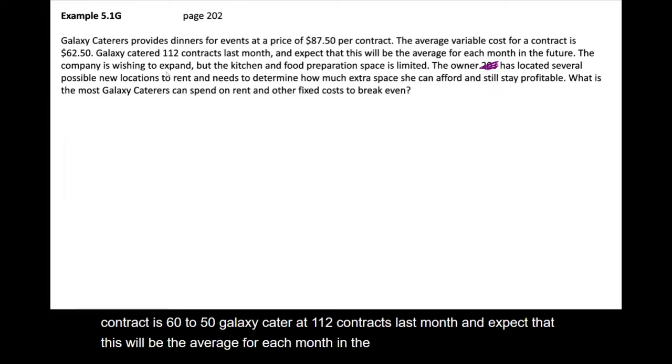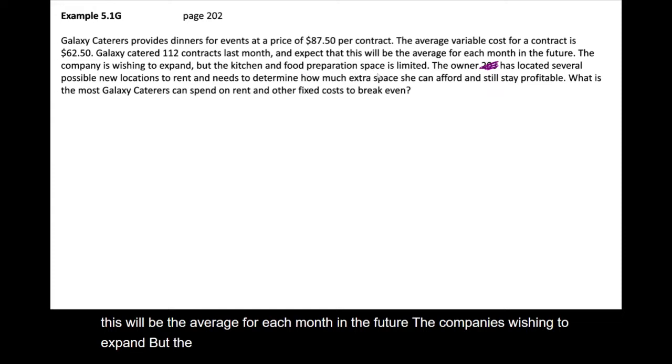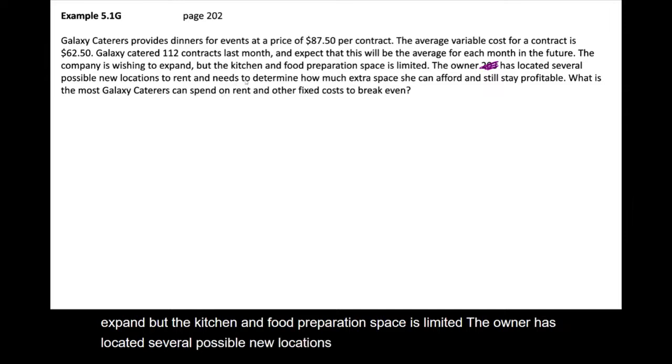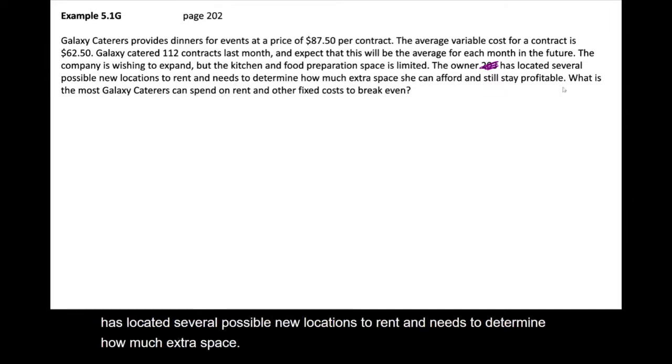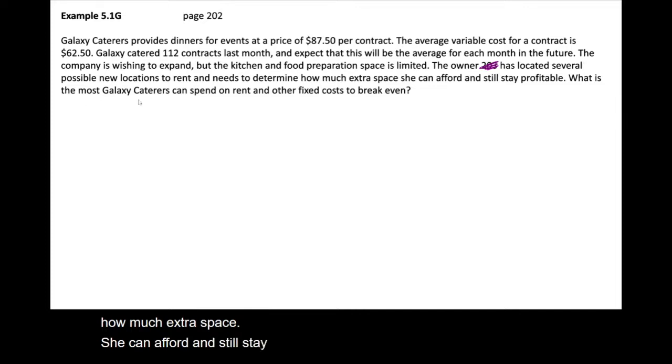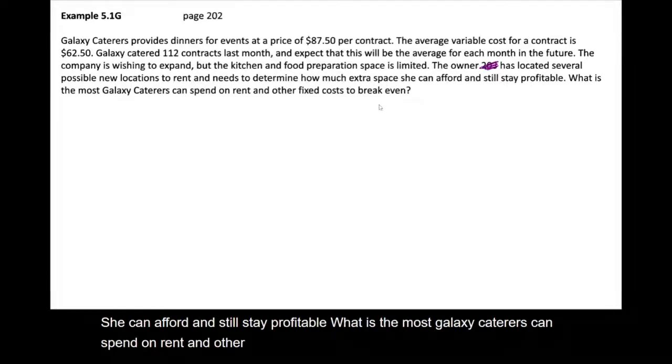The company is wishing to expand, but the kitchen and food preparation space is limited. The owner has located several possible new locations to rent and needs to determine how much extra space she can afford and still stay profitable. What is the most Galaxy Caterers can spend on rent and other fixed costs to break even?